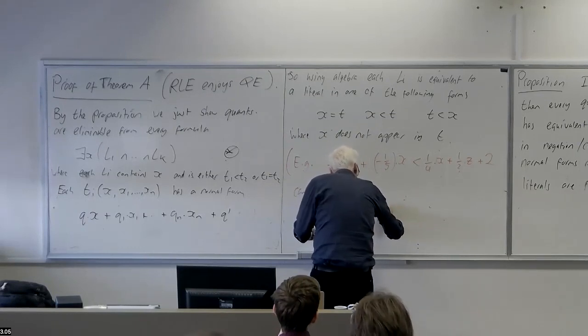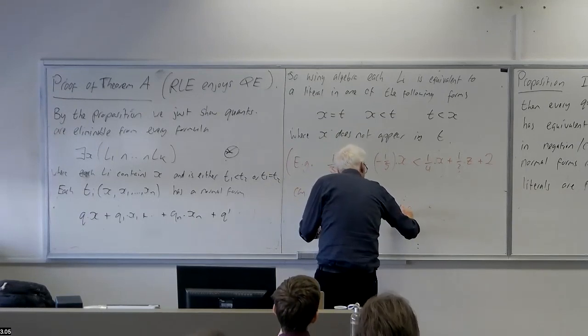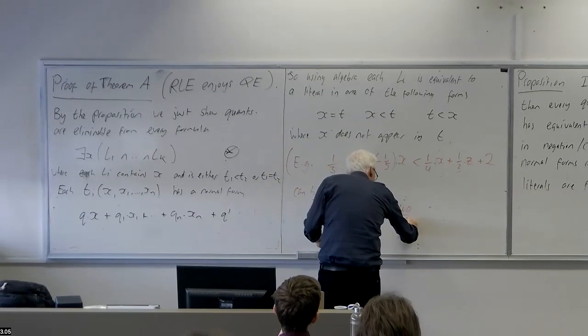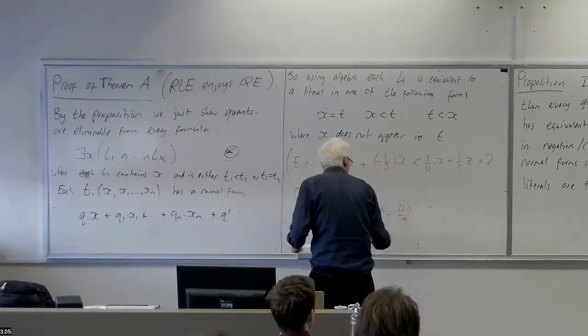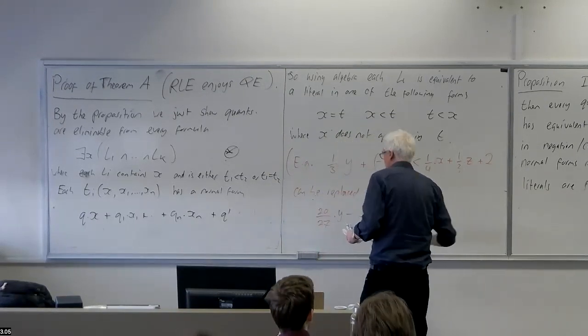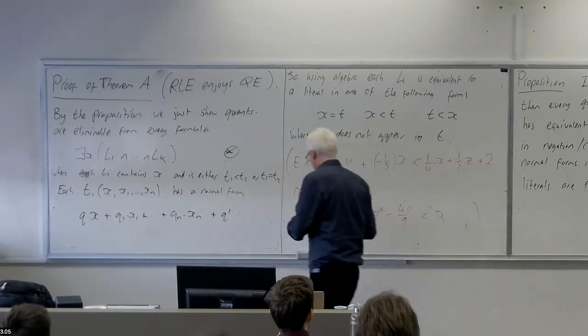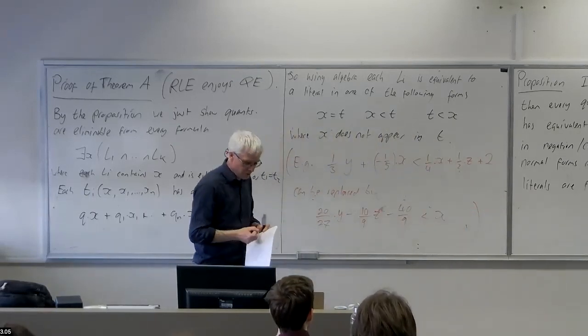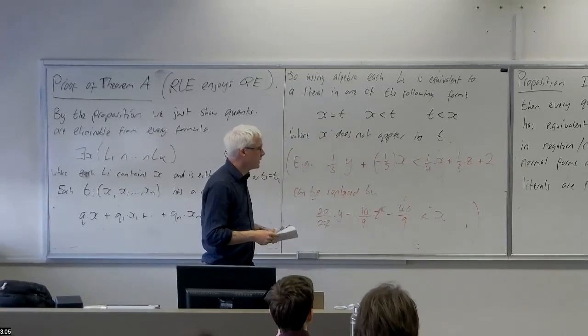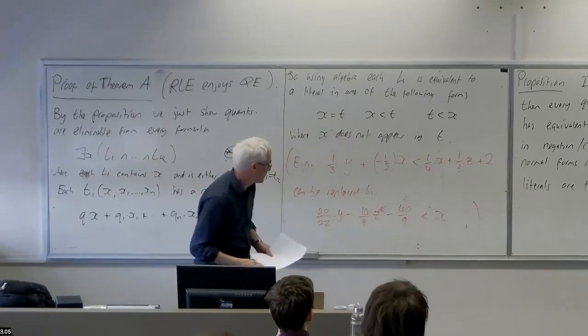So minus 10 ninths z minus 40 over 9 is strictly less than x. Okay. So basic algebra from high school, or even earlier.